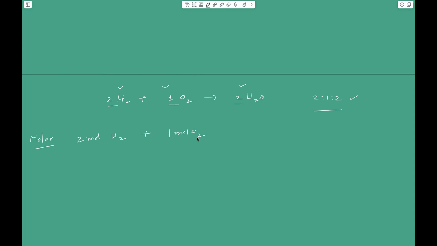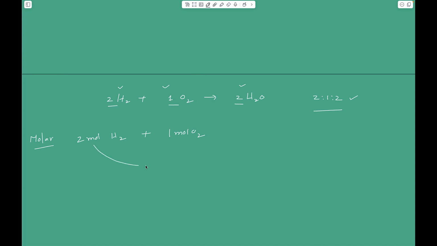That is, if you do not want to have any leftover oxygen at the end of the reaction, then for every mole of oxygen that you take, you must take 2 moles of hydrogen.